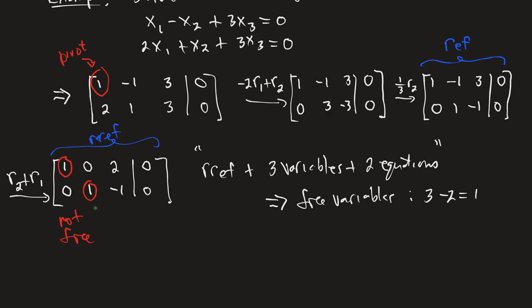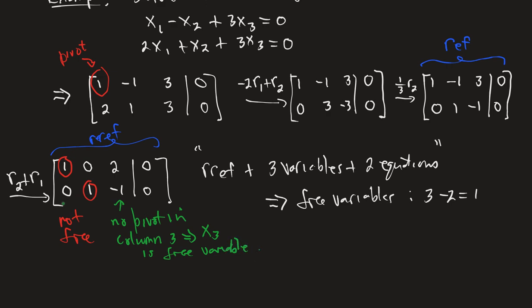So I'll just write it here. So no pivot in this column. So no pivot in column 3 implies that x3 is the free variable, right?